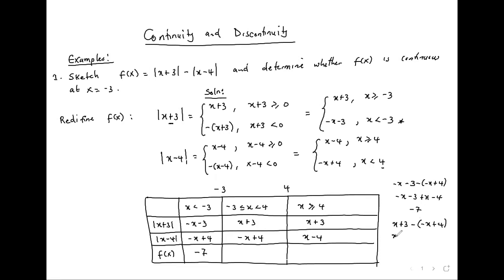This will come out to be x plus 3 plus x minus 4, which is 2x minus 1. So we have 2x minus 1. And our subtraction is x plus 3 minus (x minus 4). That is x plus 3 minus x plus 4. So we get 7. So we'll have 7 there.